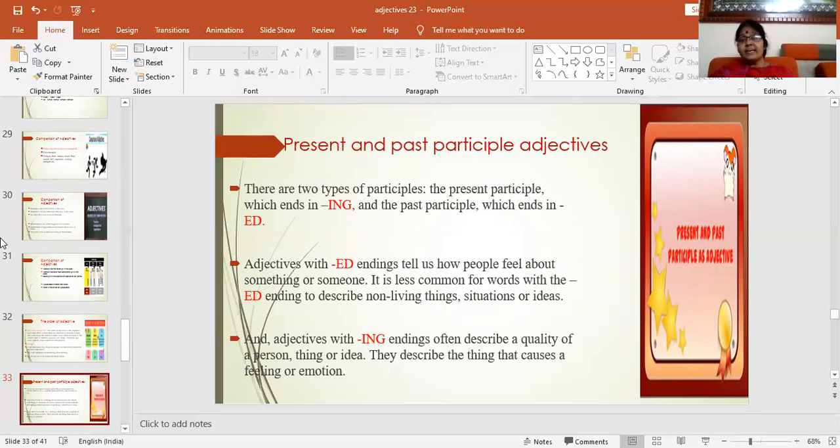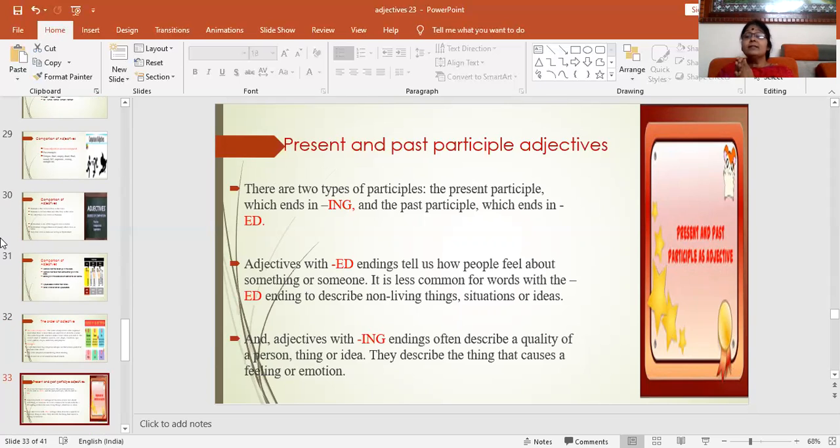Adjectives with ed endings tell us how people feel about something or someone, right? It is less common for words with the ed ending to describe non-living things, situations, or ideas, right? And adjectives with ing endings often describe a quality of a person, thing, or idea. That is, they describe the thing that causes a feeling or emotion.